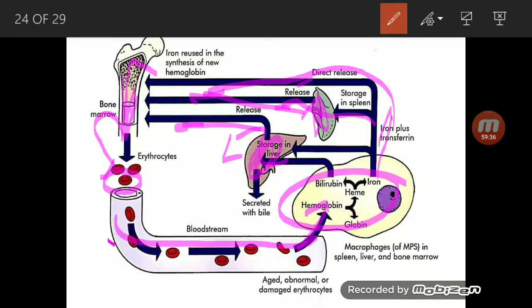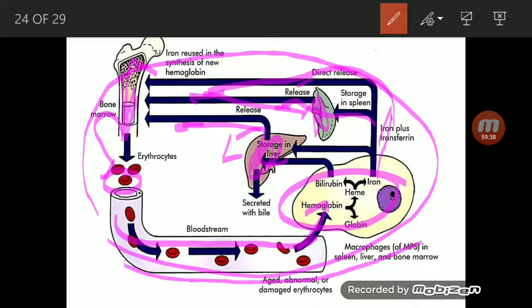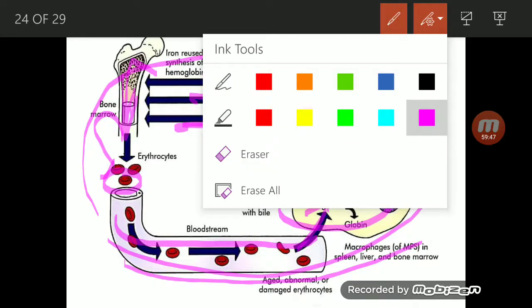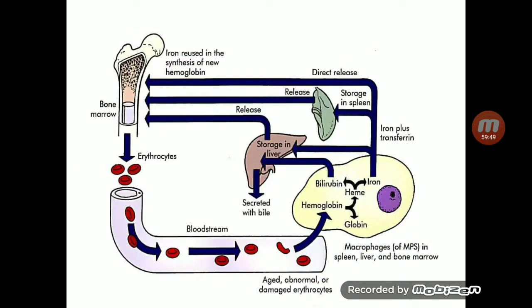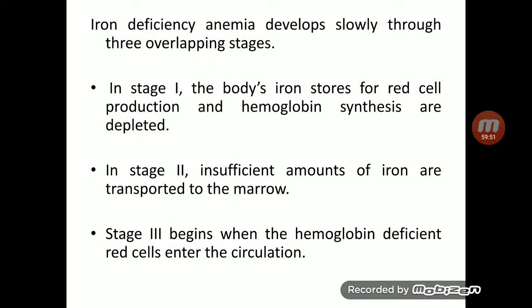So it is always maintained, it is recycled. So generally a very small amount of iron is lost from your body.